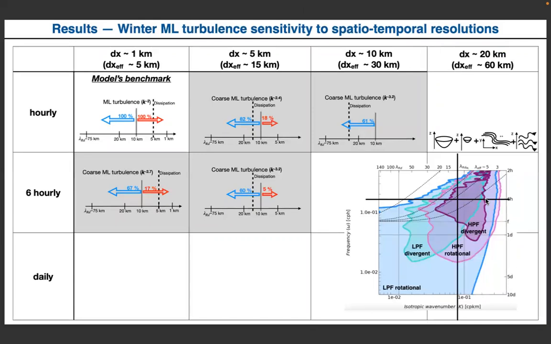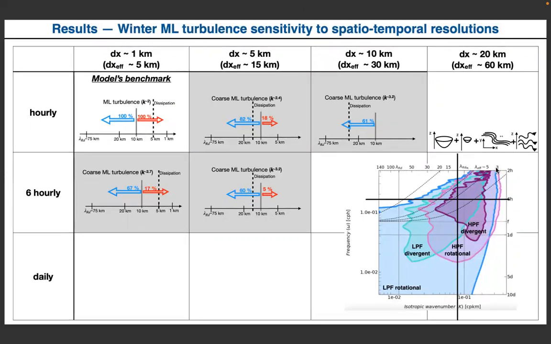So we tested the sensitivity of the winter mixed layer turbulence to the spatial-temporal resolution. And to do that, we coarsen our model. So this is the model benchmark I just presented to you. If we slightly coarsen our resolution, we filter a bit of all the classes of motion, basically.